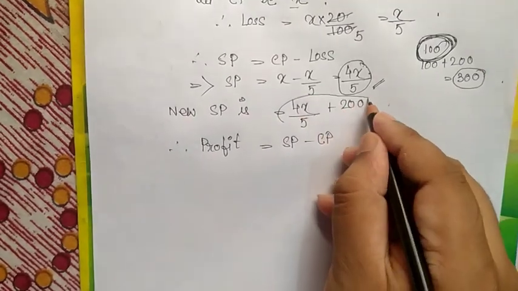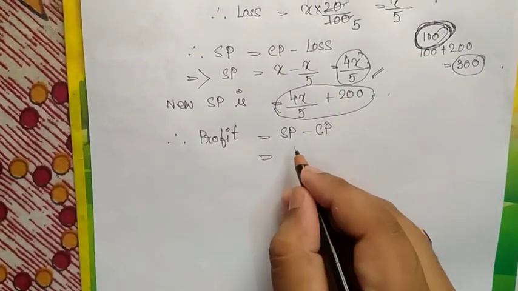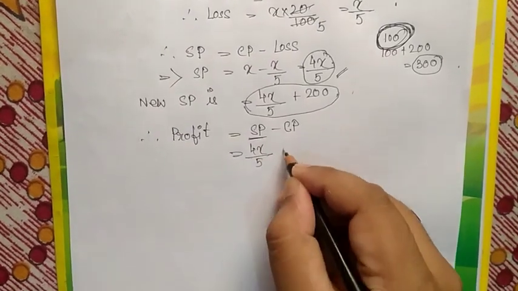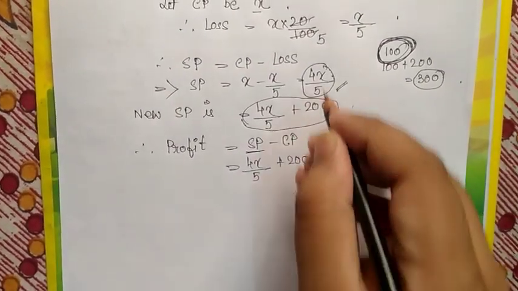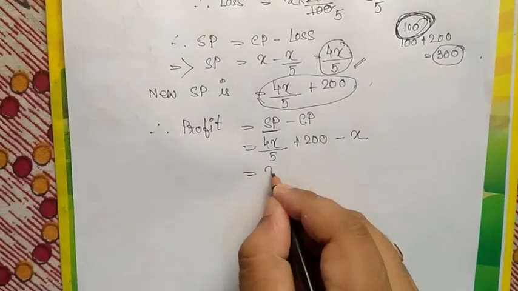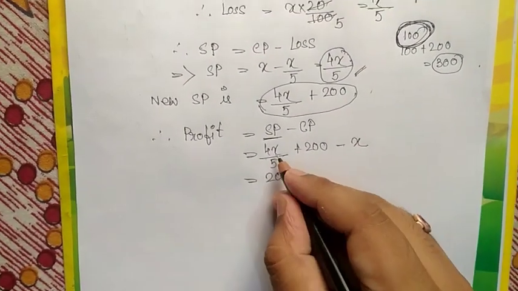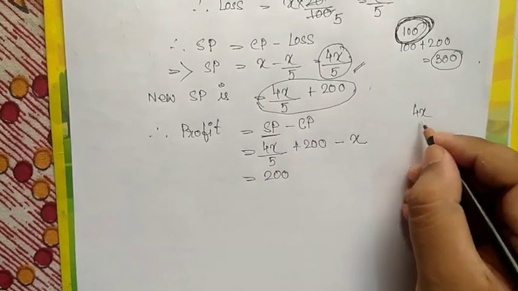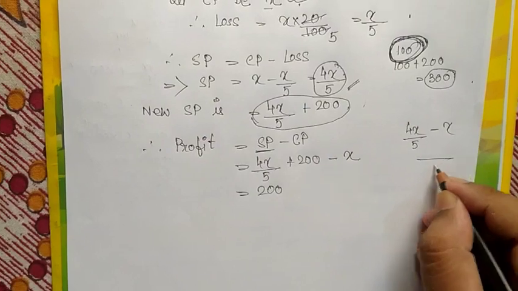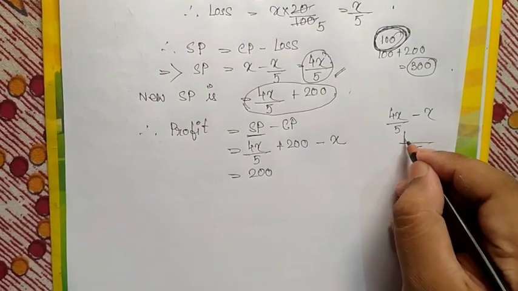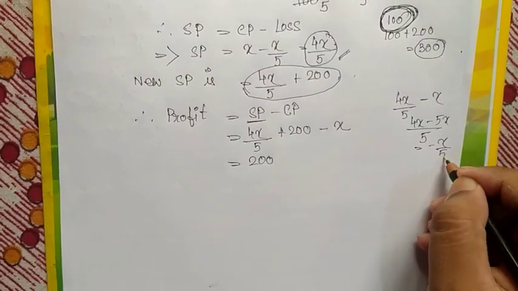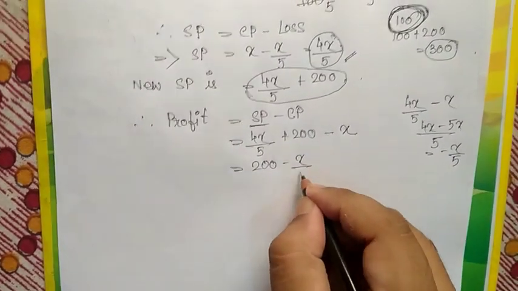We put in the SP as 4X by 5 plus 200, and CP means the previous one, X. So 200 plus 4X by 5 minus X, which is 4X minus 5X by 5, so profit is 200 minus X by 5.